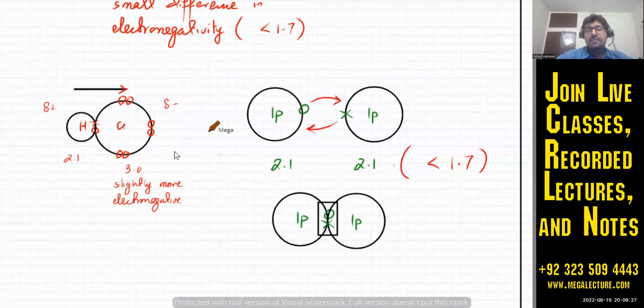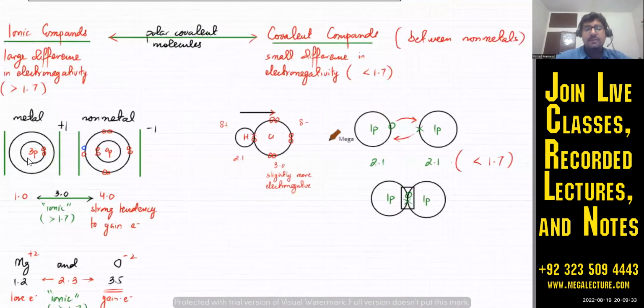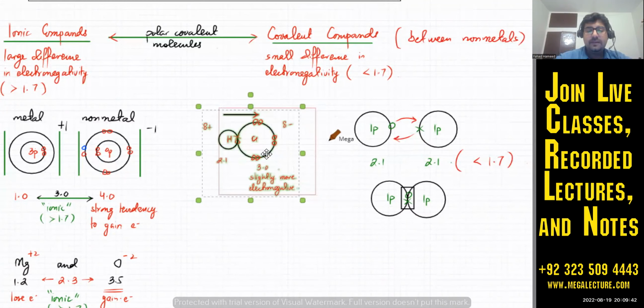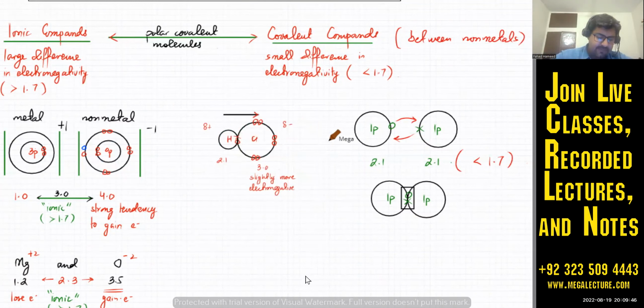That's a polar compound. It has very slight charges, not like an ionic compound, where one atom pulls the electron away entirely because of a huge difference in electronegativity. In polar covalent molecules, there is just a very slight difference in electronegativity. Is that clear?